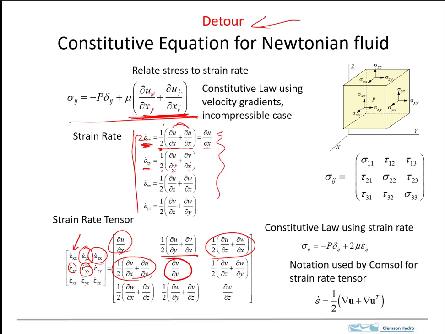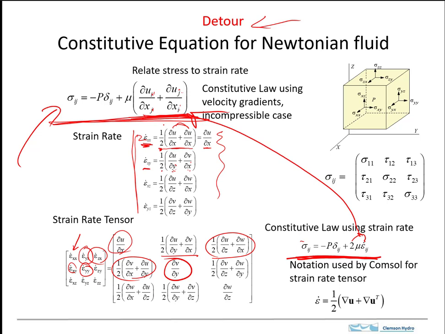Okay, so what that means is that this constitutive law we could also write like this, where 2 times the strain rate is giving us the same thing that we had there. So this ends up being just a more compact way to write what we had here, and we got this from the expressions written out on the previous page.